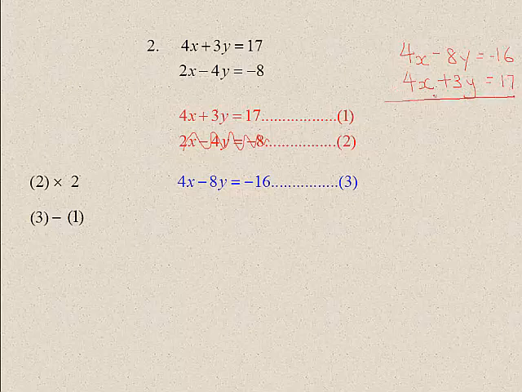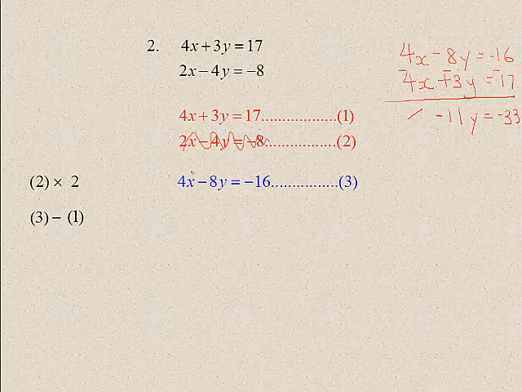And when you subtract, you know how it works. I simply change the signs at the bottom. That becomes negative, that becomes negative, and that becomes a negative. Yes, 4x minus 4x falls away. Minus 8y minus 3y is negative 11y is equal to, and minus 16 minus 17 is minus 33.